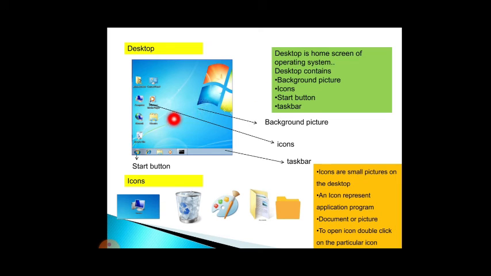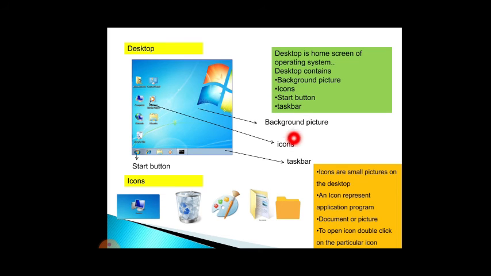Whenever the operating system starts, immediately we are going to find the desktop. Desktop contains the background picture, icons, start button and the taskbar. You can spell with me: desktop, D-E-S-K-T-O-P.